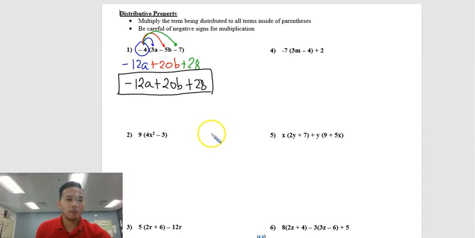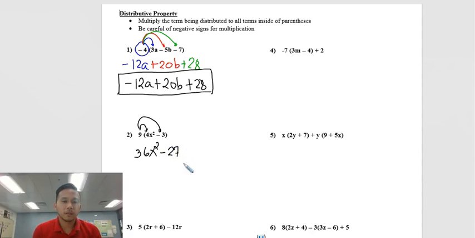So 9 distributed to the coefficient 4, and 9 distributed to negative 3. 9 times 4 will give us 36x squared, minus 27, as 9 times negative 3. There are no like terms, therefore this will be your final answer.